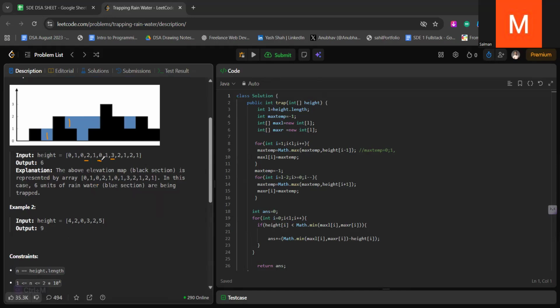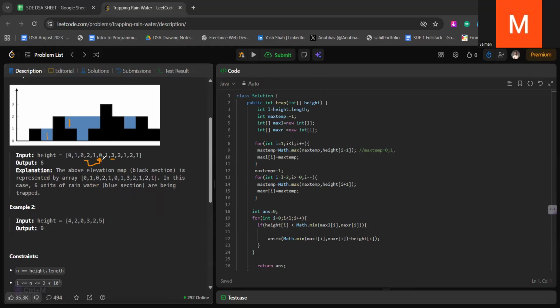And now 2 minus 0. We will just subtract these two, since the index on which we are finding how much water it can store is sixth, and therefore we will subtract this one from the minimum of both of the boundaries.